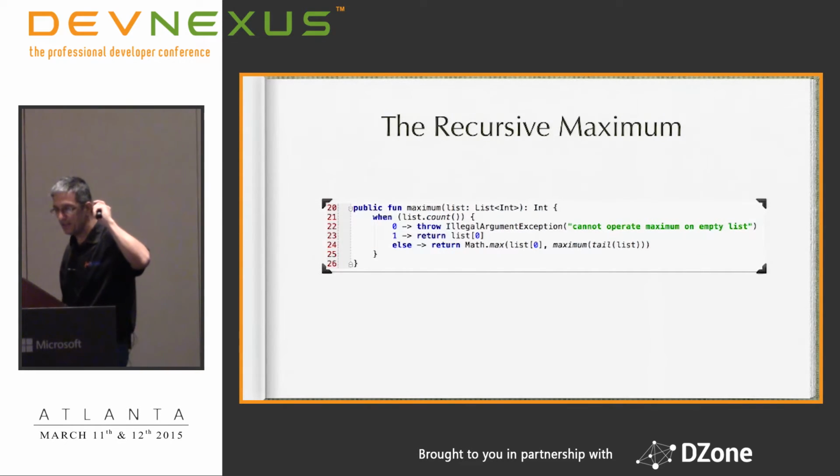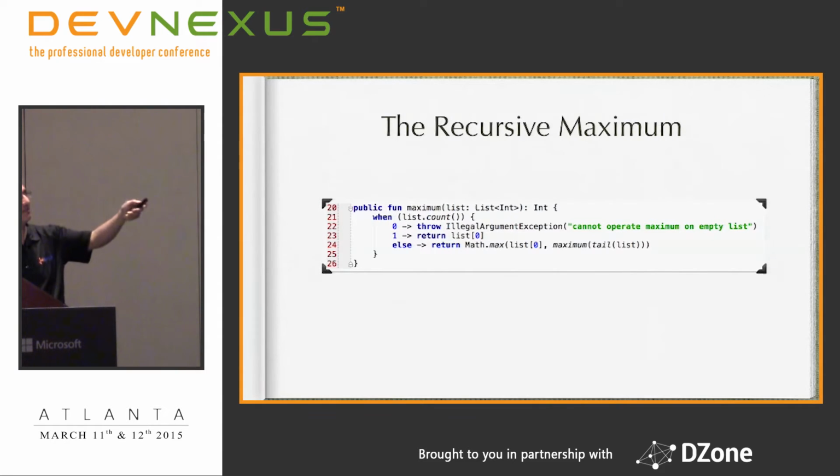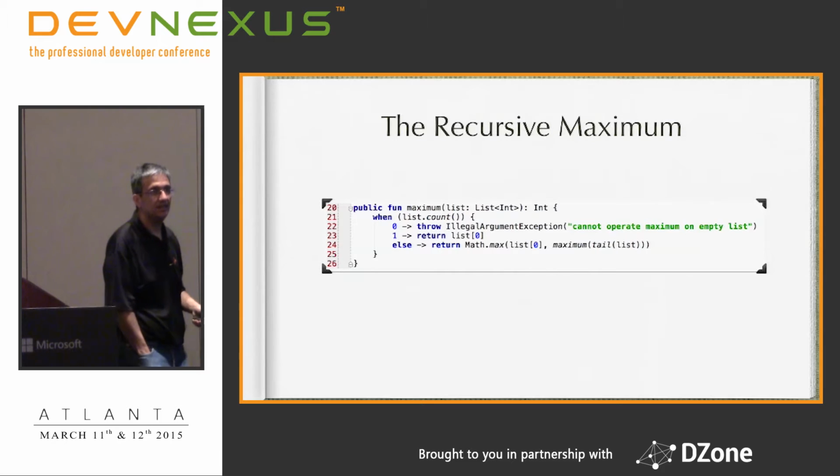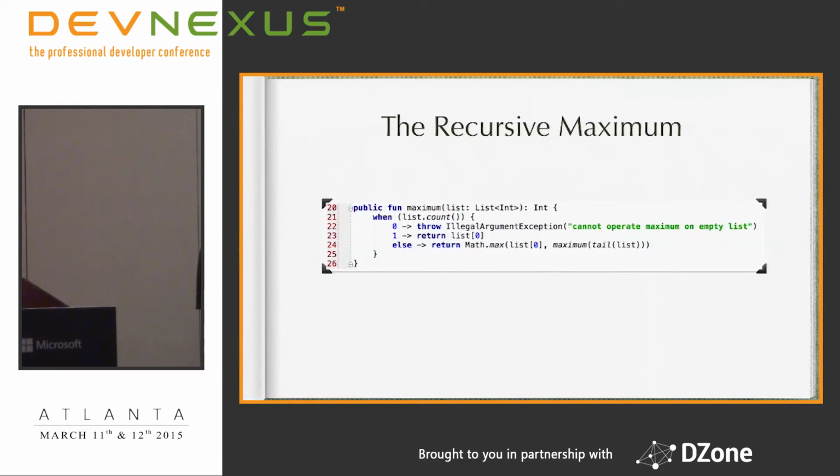So I've implemented a maximum which takes a list, and what it's going to do is give me back the maximum number from that list. So if it's 0, it will give me a legal operation. If it's 1, it's going to return the first element of that list. If it's else, it's going to do a max on the first element of that list and the maximum of the remainder of the elements of that list, right? It's a recursive way of defining maximum.